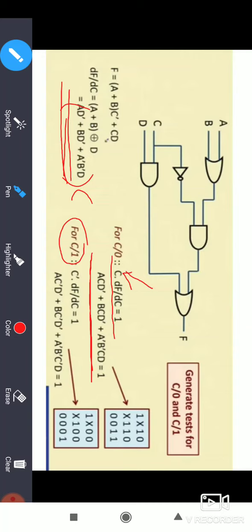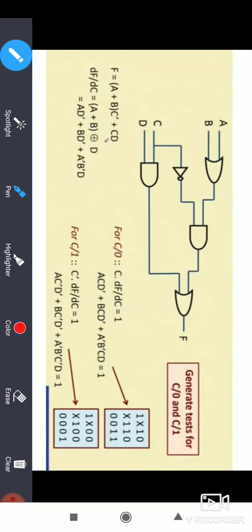Total inputs are 4: A B C D. In the first term B is missing, so A is 1, B is don't care X, C is 1, D bar means 0. In the second term A is missing, so write don't care, BC means 1 1, D bar means 0.